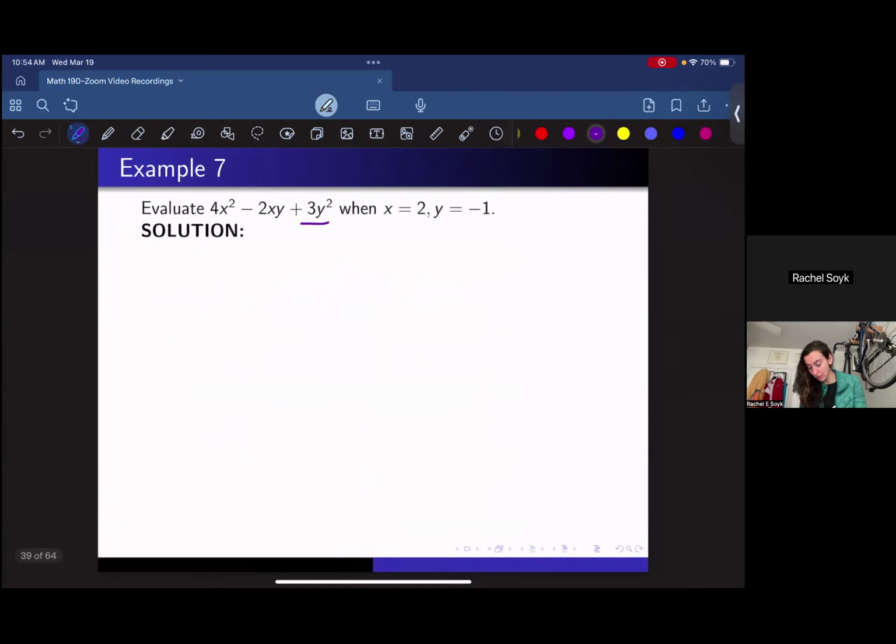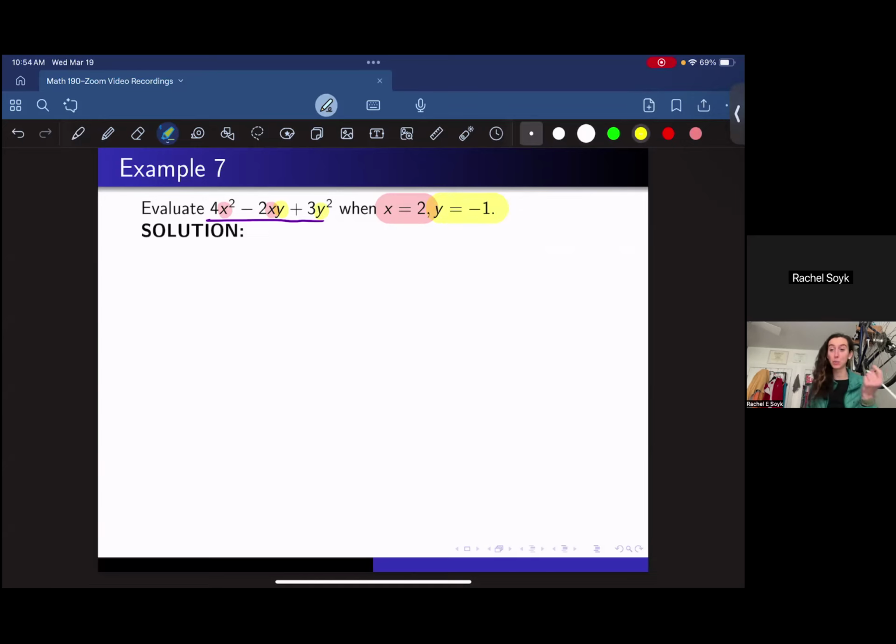We want to evaluate this trinomial, and we're given when x is equal to 2, so wherever you see an x, we're going to replace it with 2. And then when y is equal to negative 1, wherever we see a y, we're going to replace it with negative 1.